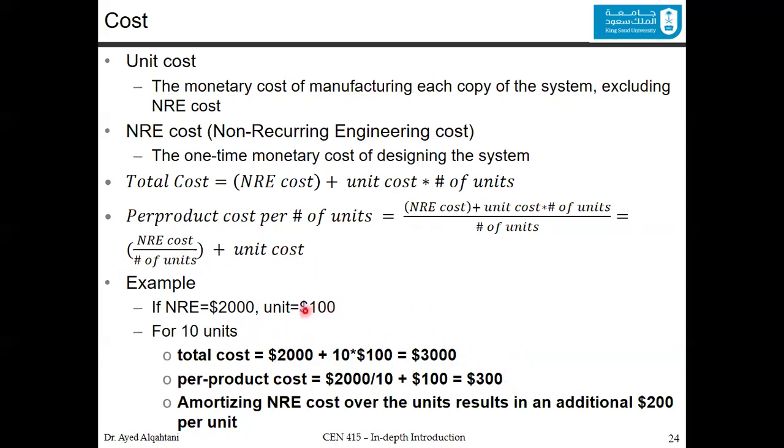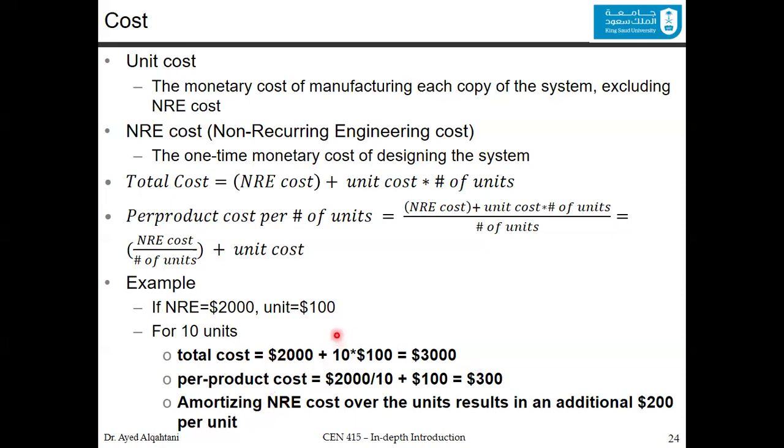Now, remember in the question, we said that the unit cost is only $100. Because of this high NRE cost, we have $300 for each unit. That was the cost for each unit. Amortizing the NRE cost over the units results in an additional $200 to the original 100, which brings us to $300 per unit.